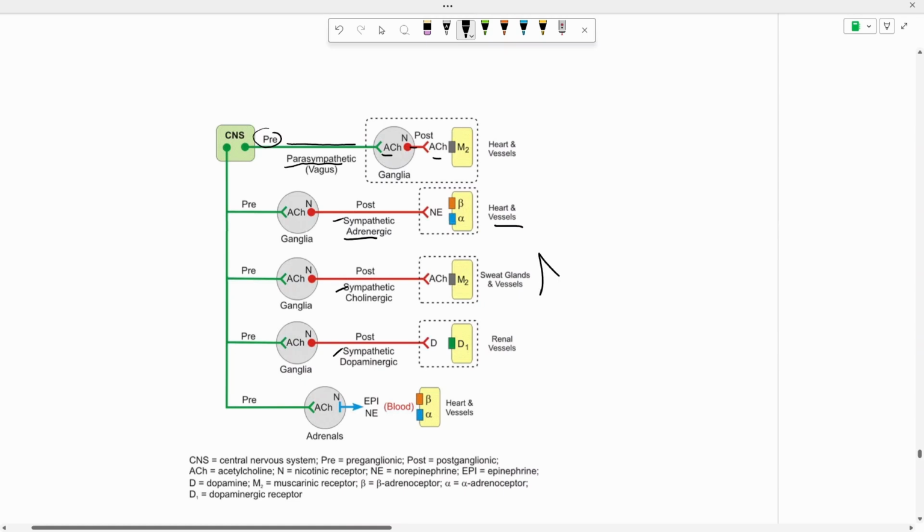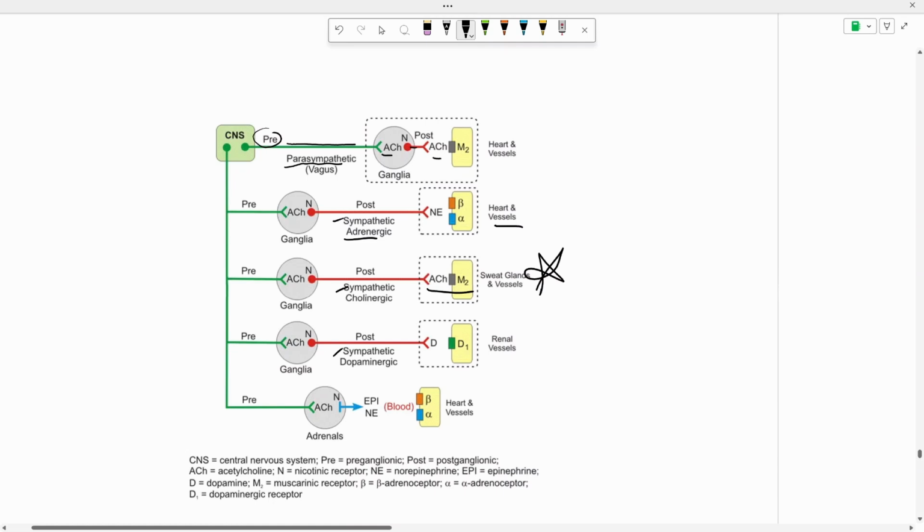Sweat glands is an anomaly because it does different things. Sweat glands are under acetylcholine and muscarinic receptors. It's a sympathetic nerve, but it uses acetylcholine. That's a separate special case with acetylcholine in the sympathetic system.